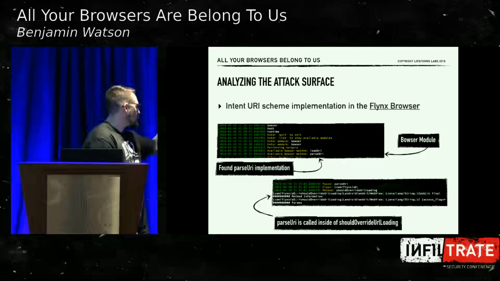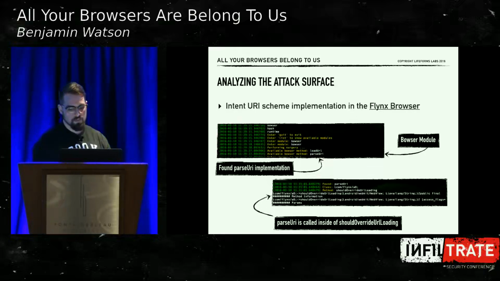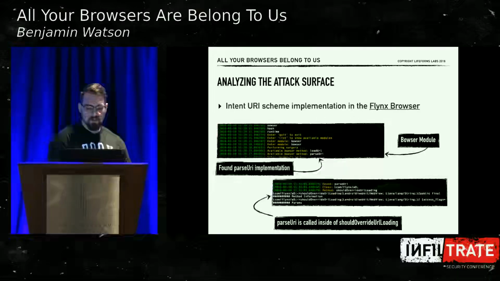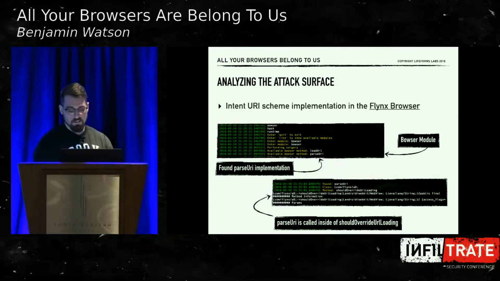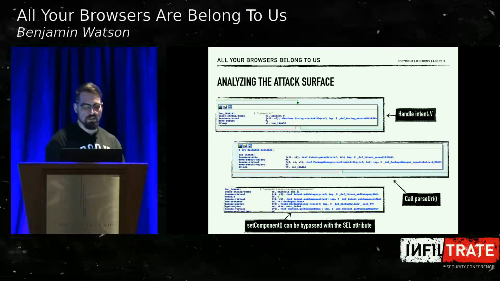So I apologize, screenshots are still pretty small. This is the browser module from the surgical API. We're going to look for the parseUri method. Second screenshot, it found the parseUri method. Lo and behold, it's inside of the shouldOverrideUrlLoading method. Top screenshot, it checks to see if the intent URI scheme starts with intent, and that string particularly exists.